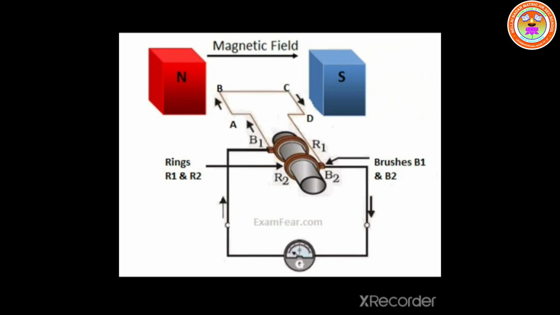The two ends of this coil are connected to two slip rings, S1 and S2. The inner sides of these rings are insulated and fixed. Two conducting stationary brushes, shown in the figure as B1 and B2, are kept separately on the rings S1 and S2 respectively.